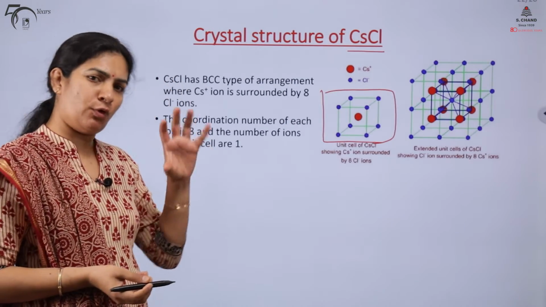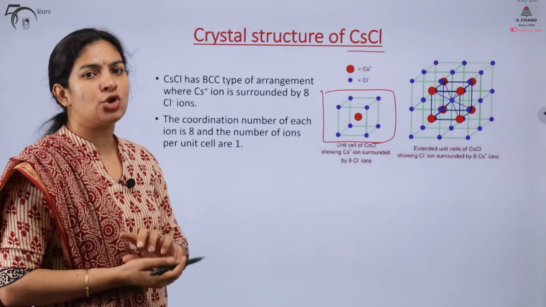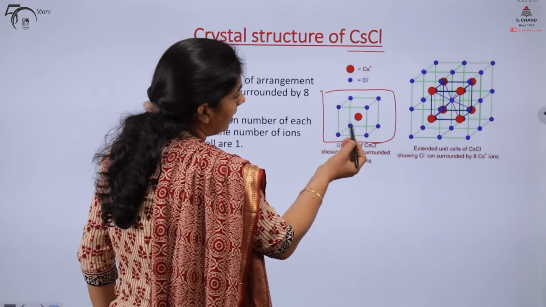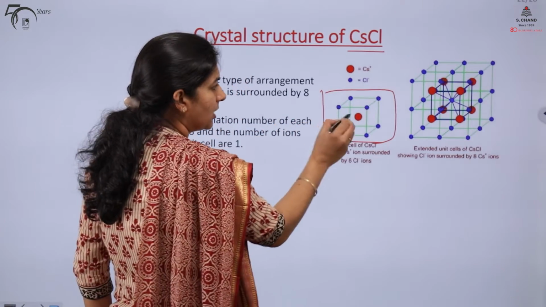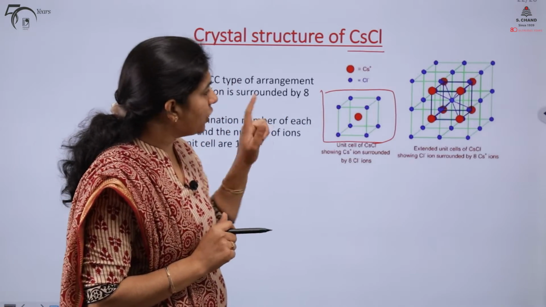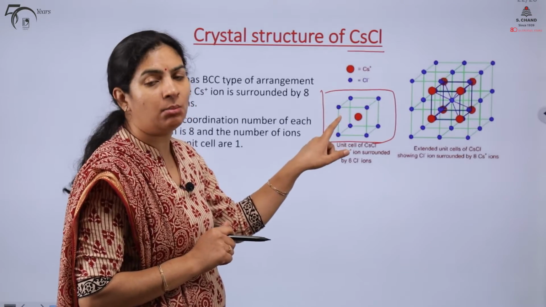Very simple, we've already understood what a BCC arrangement is. What is a BCC unit cell? BCC arrangement means the corners are occupied, and apart from this, we have one atom at the center. So the central position here is occupied by a cesium ion.